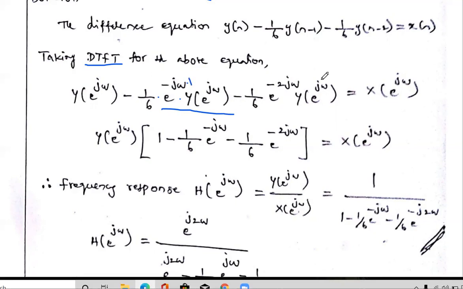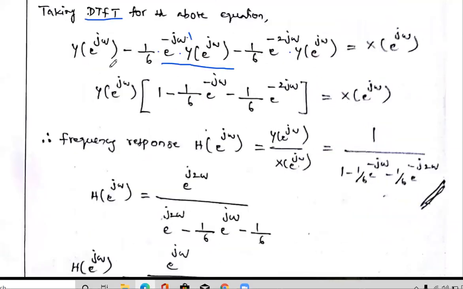Similarly, minus 1 by 6 into the DTFT of the signal y of n minus 2. It's Y of e power j omega into e power minus 2j omega, which is equal to the DTFT of x of n, capital X of e power j omega.